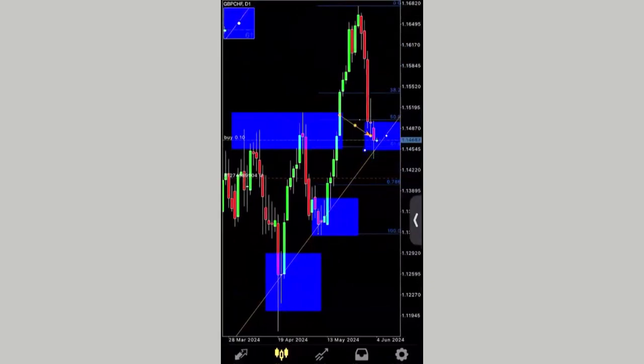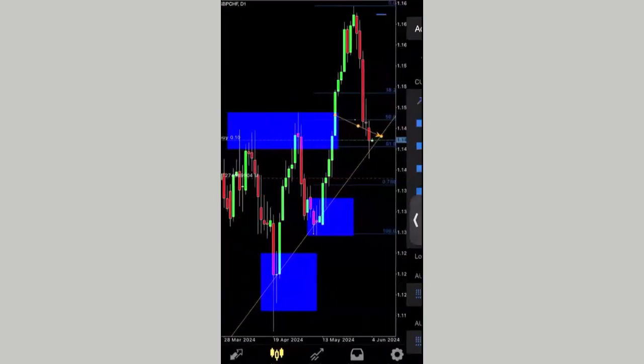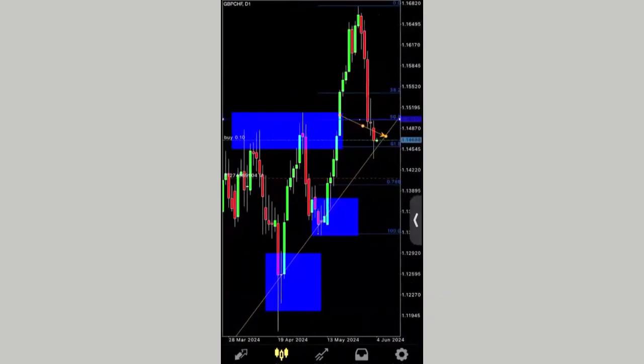Let me move this box to the 50% and the 61.8%. You would want to be involved in the market around this zone. When the market comes to this level, just around the 50%, that'll be our first entry.